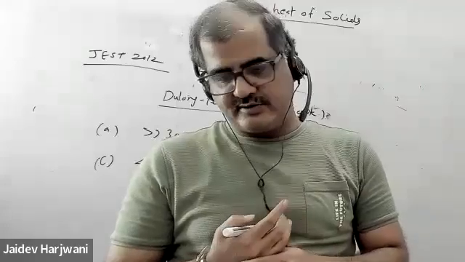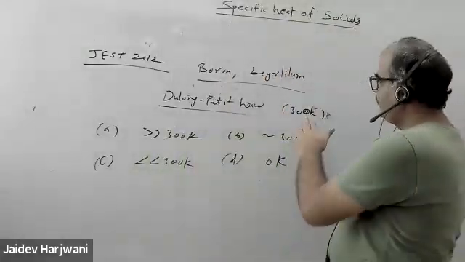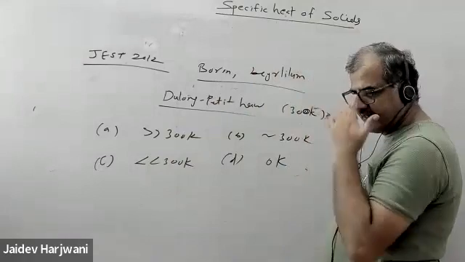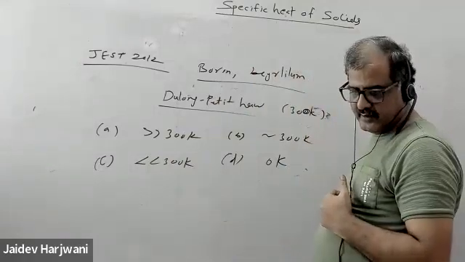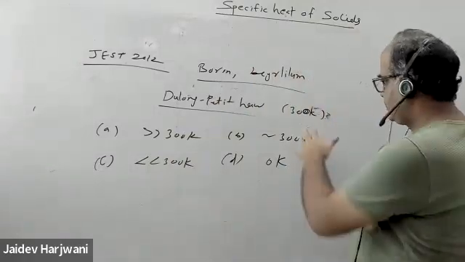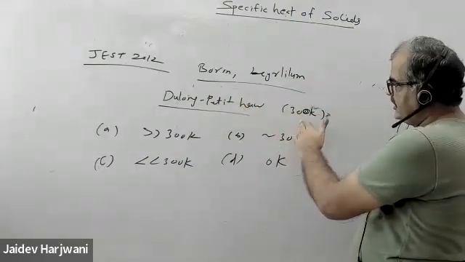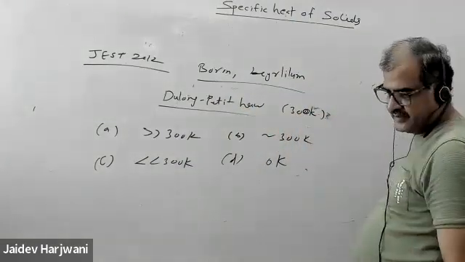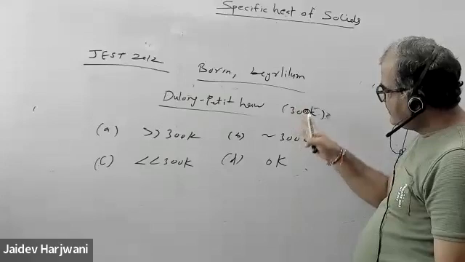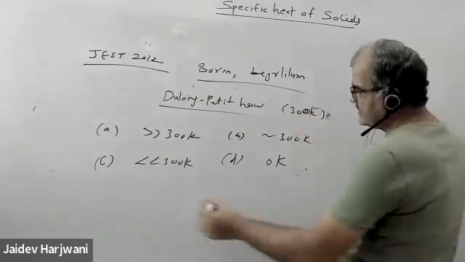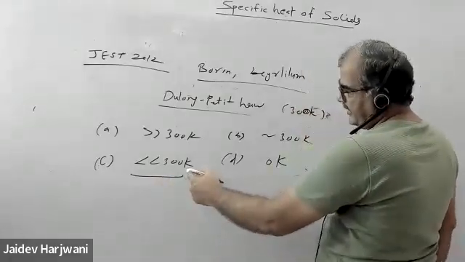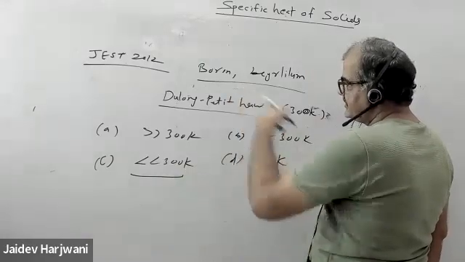So this 300 should be greater than Debye temperature, but here they have only given 300. That means your Debye temperature is not less than this one. If it were less than this one, automatically this would become a higher temperature for these metals.